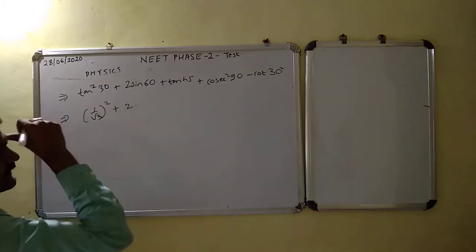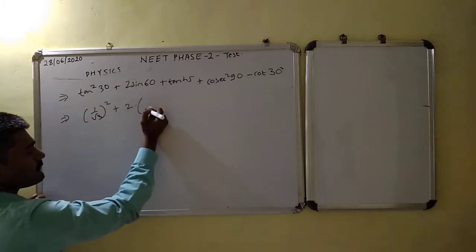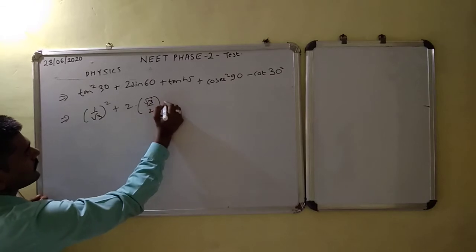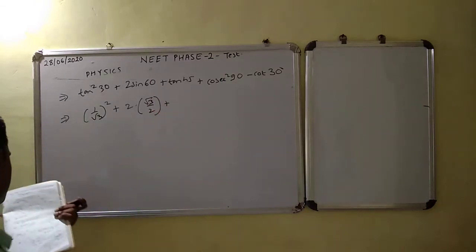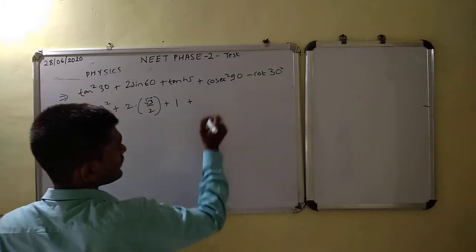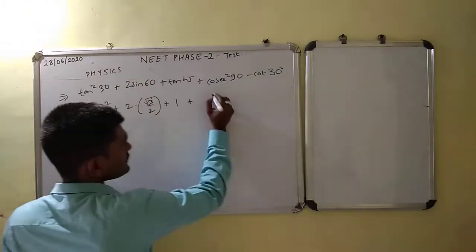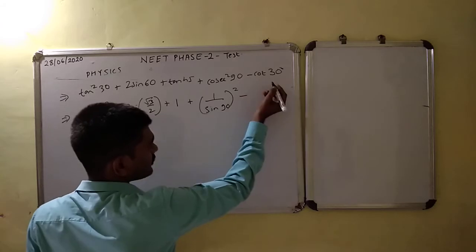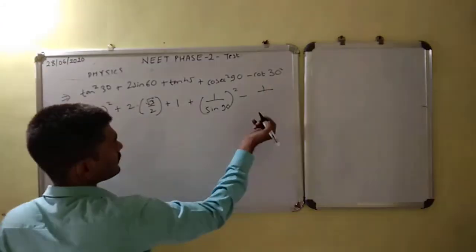What is sin 60? Sin 60 is root 3 by 2. Plus tan 45 is 1. Cosec means 1 upon sin 90, 1 upon sin 90 whole square. And cot 30 is 1 upon tan 30. 1 upon tan 30 is 1 upon root 3.